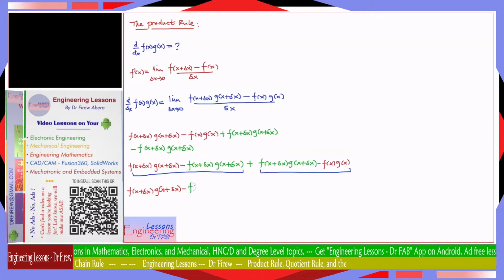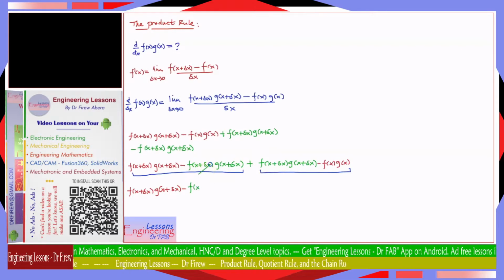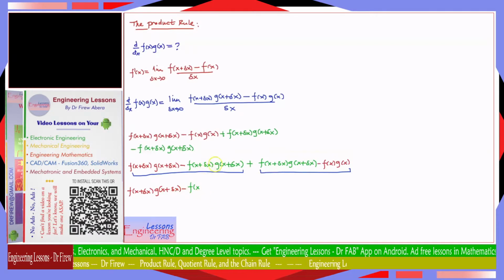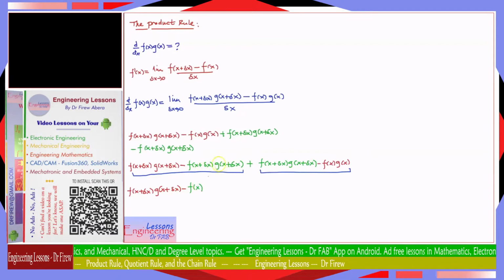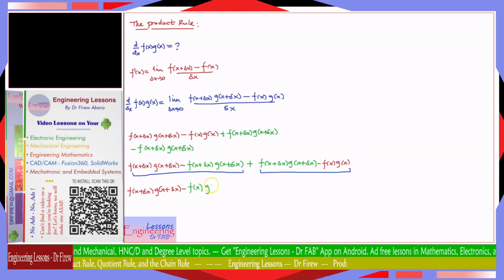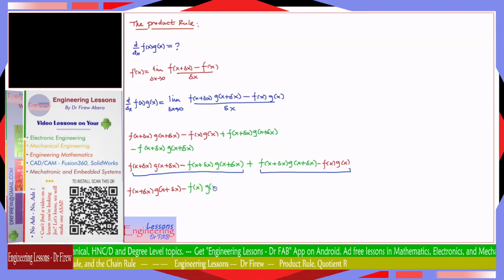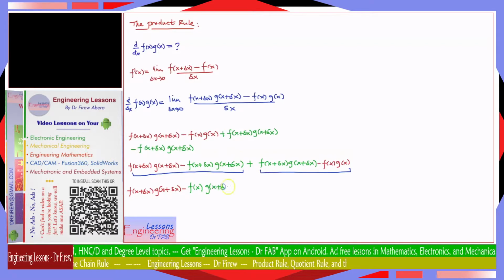Now what I can do is, I can omit this sigma x because it is so small, so f of x, and keep the other f of x, g of x plus sigma x.